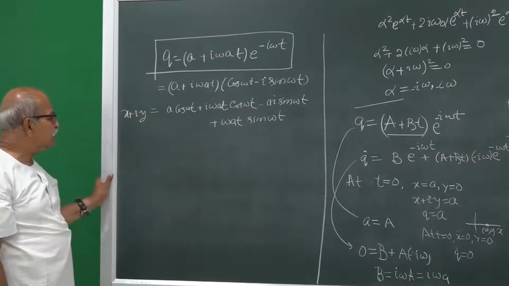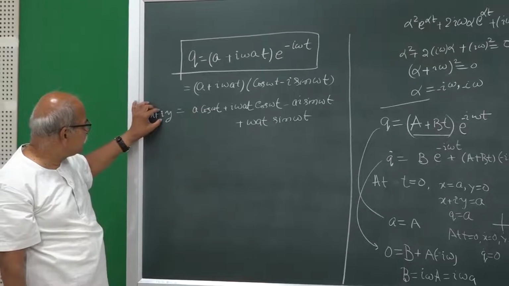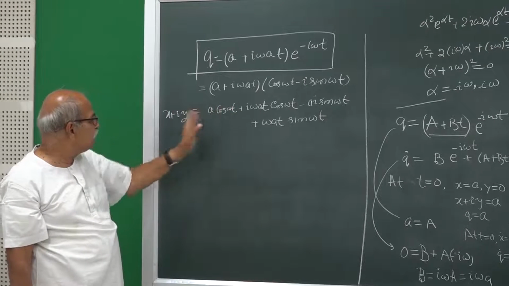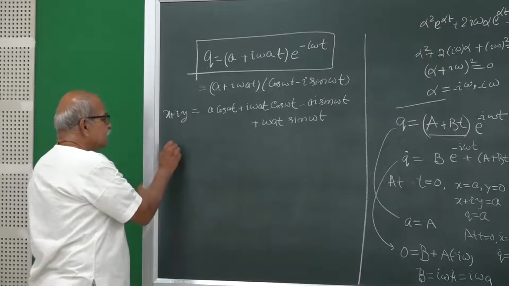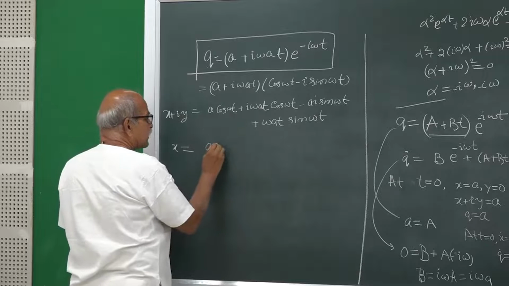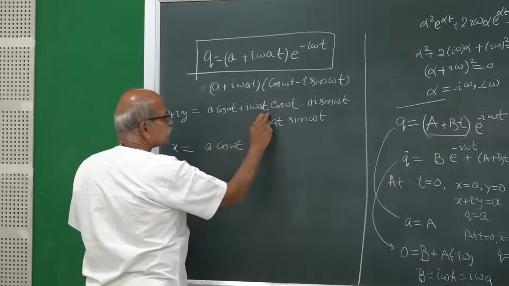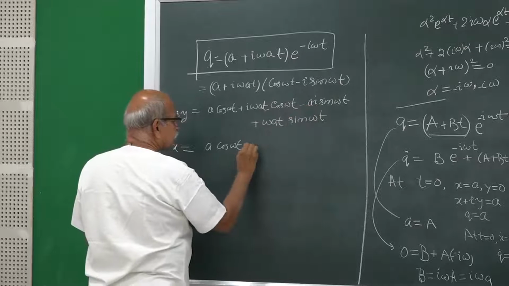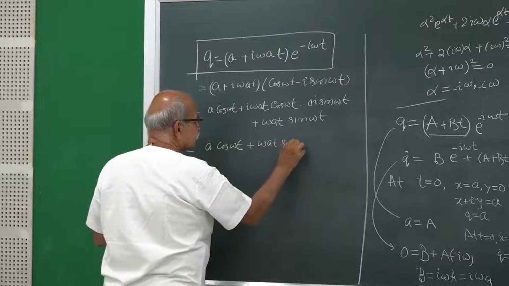And now you know, if you have two complex numbers with real part plus i times the imaginary part on both sides, then you can equate the real parts and the imaginary parts separately. So, x is equal to a cos omega t, real part only, plus omega a t sin omega t.